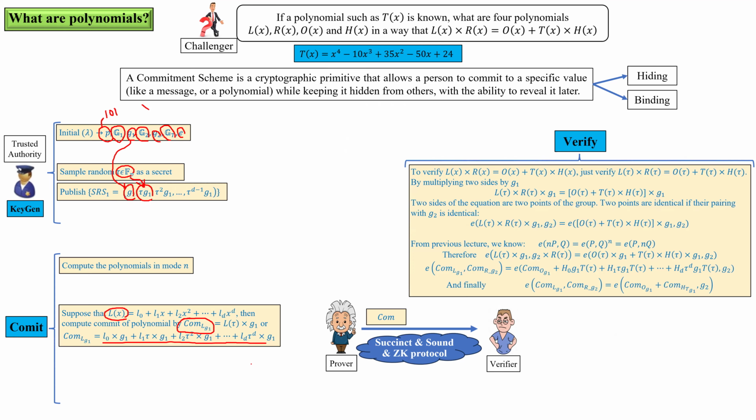Okay, at the verification round, now we want to see how the verification algorithm changes. You remember that in the first protocol, the verifier needed to check whether the equation is correct by multiplying the polynomials and then checking whether the left and right sides are equal to each other.